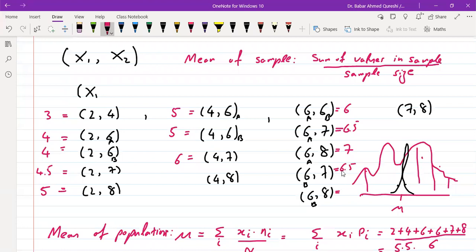Is it 6.5? Yeah. This is again 7, and this is 7.5. So first of all, when I pick a random sample of 2 numbers, the mean will hop. The mean of the sample is a random variable.